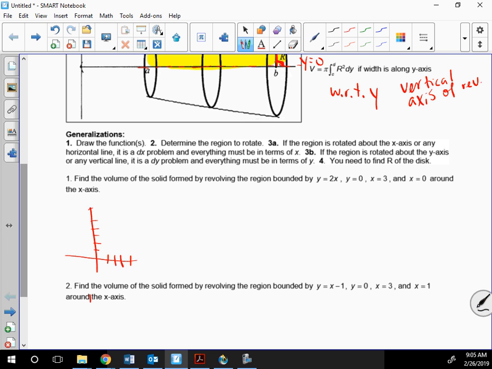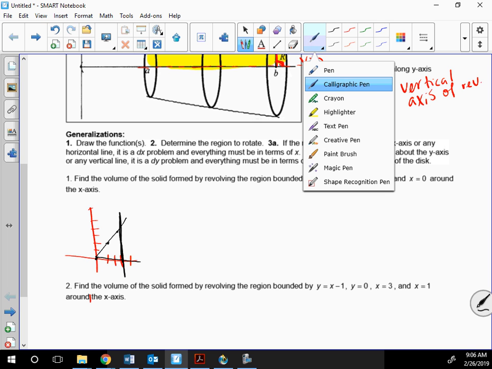Never spend this long drawing a picture. Alright, so we've got our approximate figure here: y equals 2x, y equals 0, x equals 3, and x equals 0. So we've got this region here.